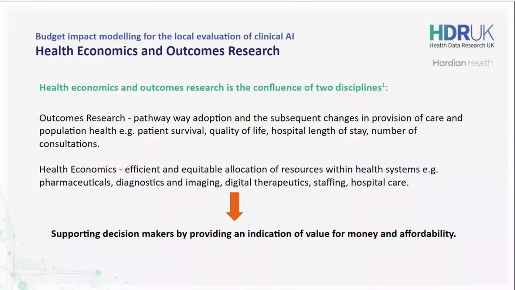Once you have that initial data demonstrating safety and effectiveness, for instance improvement in reporting accuracy when a clinician is equipped with AI when reviewing a chest x-ray, what are the implications of that improved reporting accuracy in terms of patient pathway and outcomes?